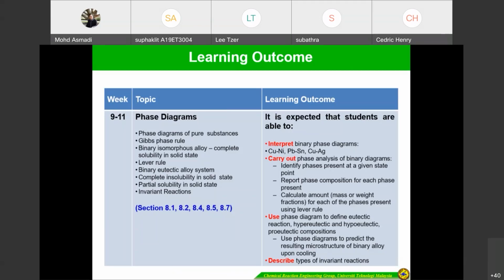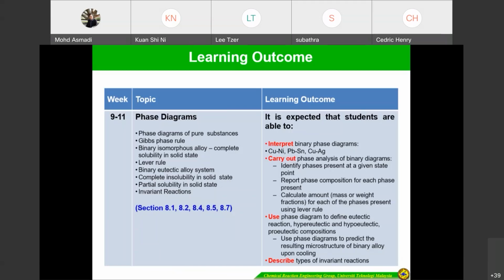Complete insolubility in solid state, partial solubility in solid state, and invariant reactions, we will discuss tomorrow. Also by using the lever rule, we will calculate the mass of each phase, the amount of each phase, and also the composition of the phases for the binary eutectic alloy system.